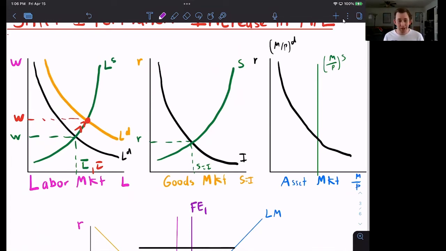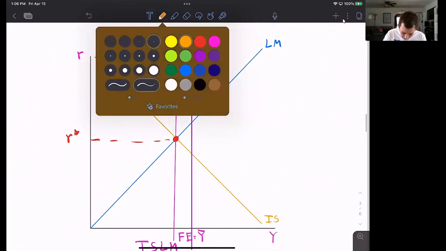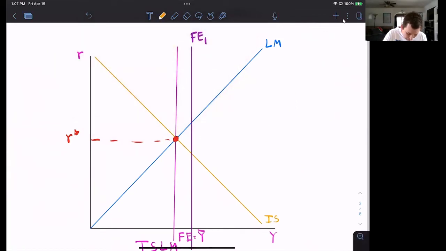So that means he has more income, which means he's having more consumption and more savings, which means that what is going to happen is our IS curve is going to shift out because our savings are going to go up. So maybe in our goods market, here comes this new savings curve. The result of this is going to be that actually this IS curve is going to shift out. Going to shift out something like this.